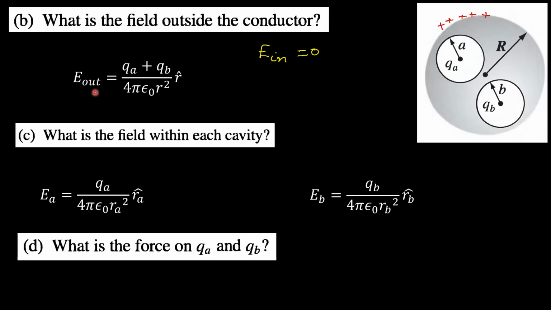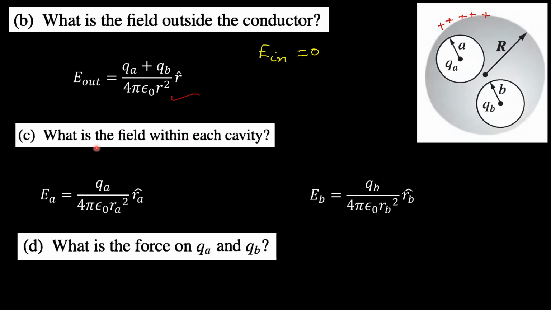So the field outside the sphere is Qa plus Qb divided by 4 pi epsilon naught R squared along the r hat direction. This is the field outside the sphere.